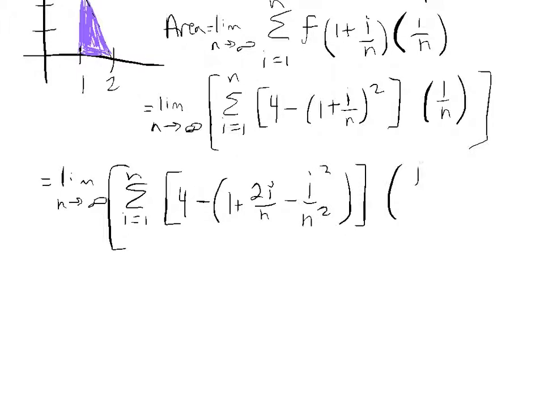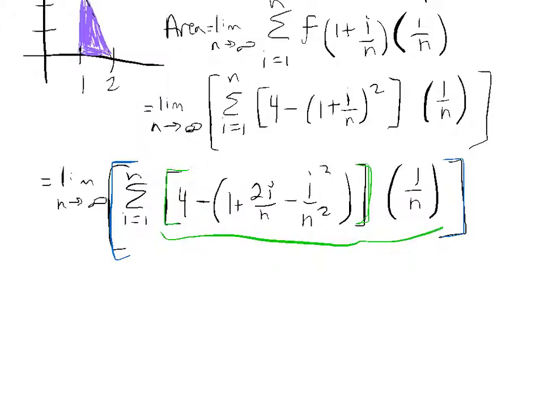Okay, all times 1 over n. Okay, I'll make some color distinctions here. So this is what our limit is being applied to, and this is inside our sum. Well, this is our f of ci expanded, and then everything else is inside our sum here.